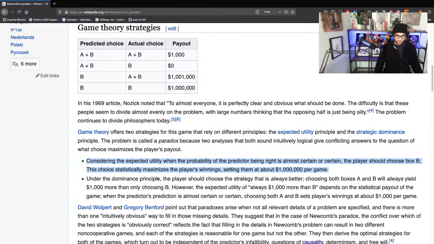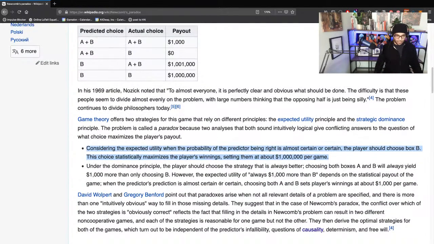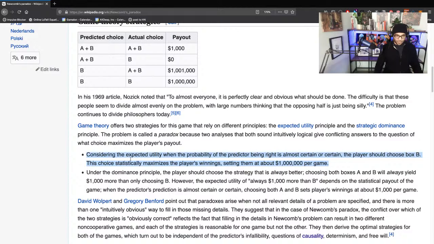The choice statistically maximizes the player's winning, setting them at about $1 million per game. So considering the expected utility when the probability of the predictor being right is almost certain, the player should choose box B. So I choose B.